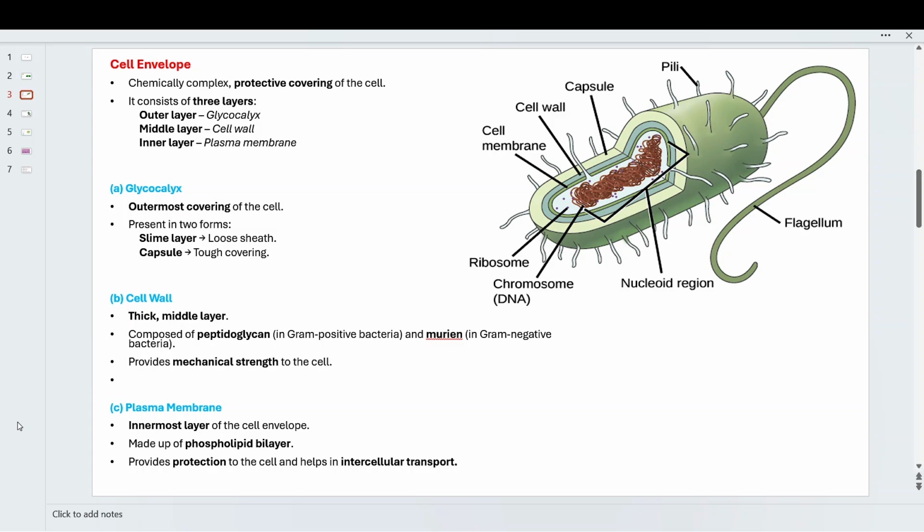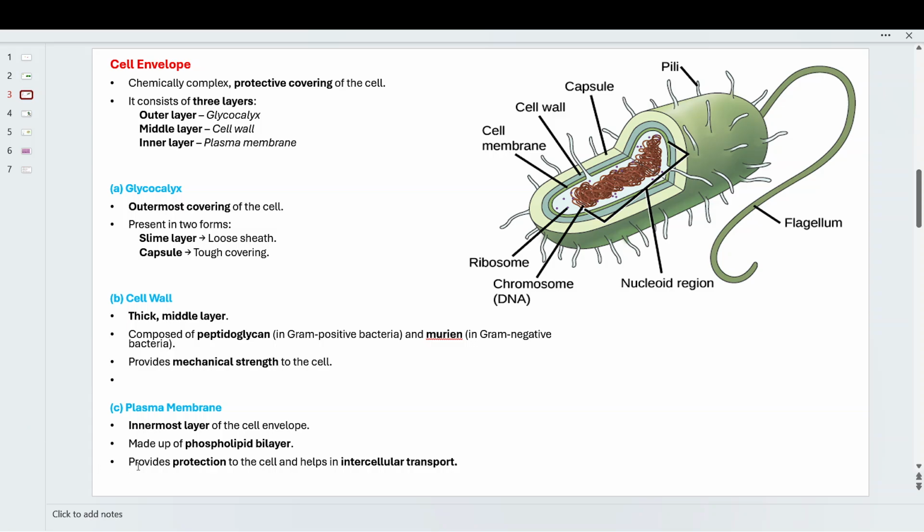When the capsule is present, it helps the cell resist drying and digestion and protects it from harmful chemicals and immune attack. So it's like the cell's safety jacket, we can say.